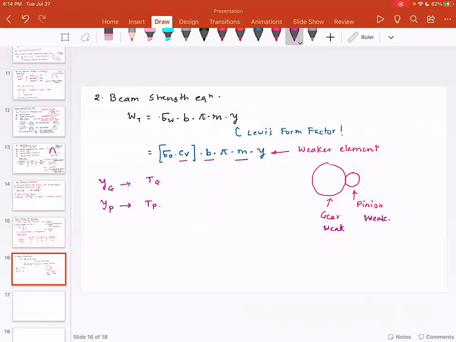So assuming gear and pinion are made with the same material, the pinion is weaker.